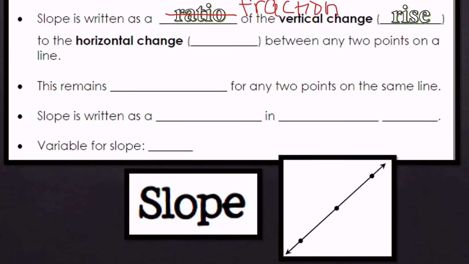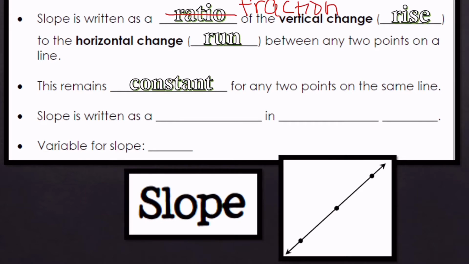So think about verticals up and down, over the horizontal, which is the run. That's left to right. Between any 2 points, okay? This remains constant. Now it's constant for any 2 points on the same line, okay?